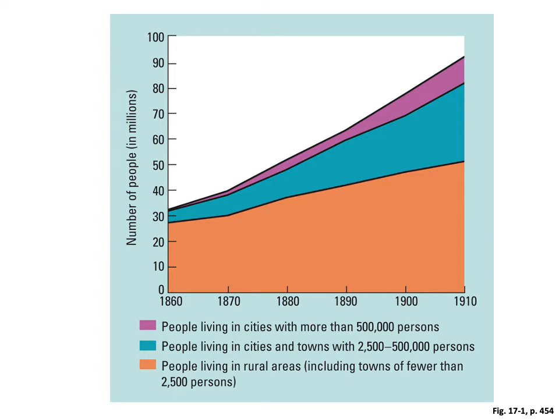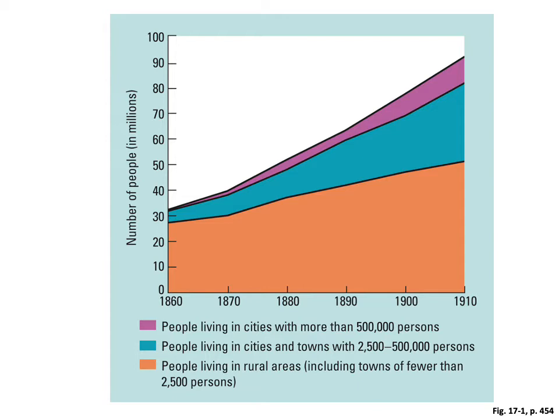But the segment of interest is the middle one, the bluish color. Those are people living in towns between 2,500 and 500,000 people, and how that greatly increases both in absolute terms and as a share of the total population.